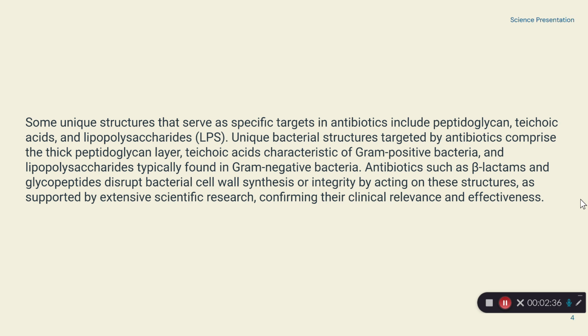They comprise the thick peptidoglycan layer and teichoic acids characteristic of gram-positive bacteria, and lipopolysaccharides typically found in gram-negative bacteria. Antibiotics such as the beta-lactams and glycopeptides disrupt bacterial cell wall synthesis or integrity by acting on these structures, as supported by extensive scientific research confirming their clinical relevance and effectiveness.